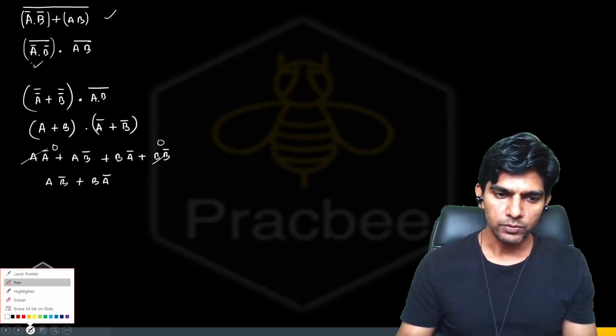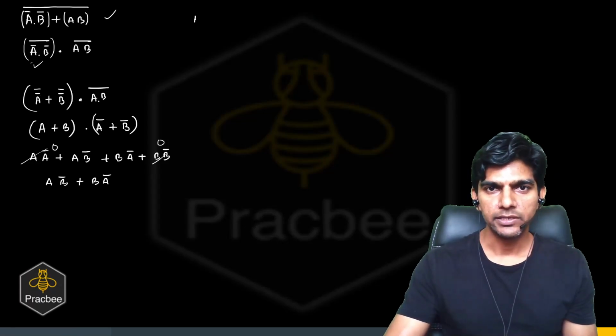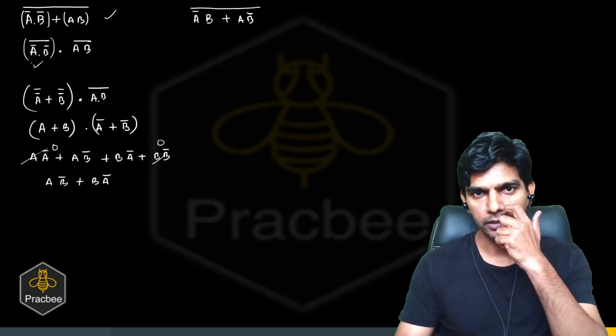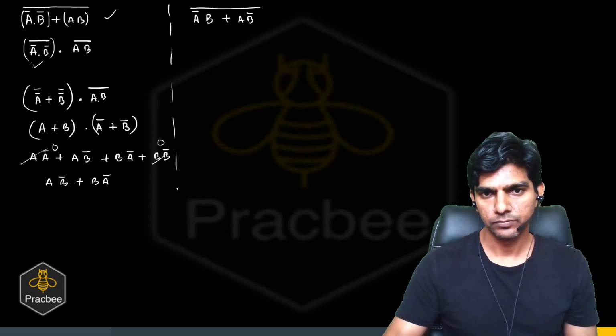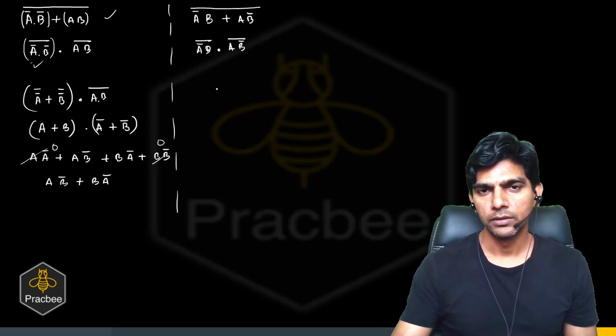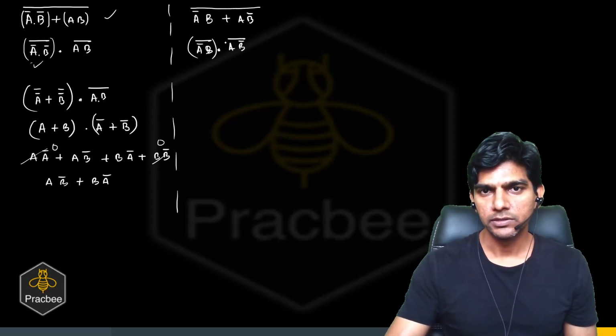Let us do one more example. Let us say we have A bar B plus A B bar, and we are taking the whole bar. Let us simplify this. Again, we can apply De Morgan's theorem. So it will be A bar B whole bar multiplied with A B bar whole bar. Let us apply De Morgan's for these two terms.